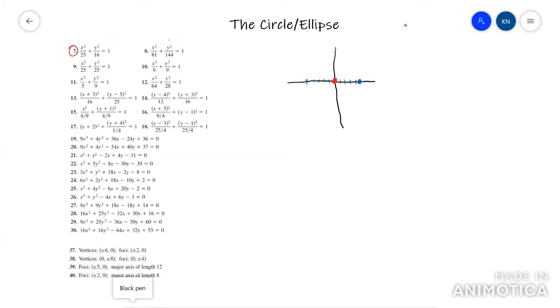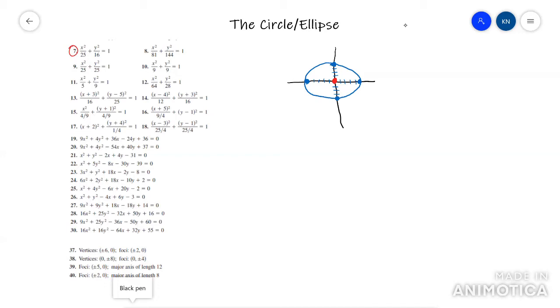And then for the y, it's the square root of 16. So that's 4. So 4 up and down. So this ellipse would look something like this.